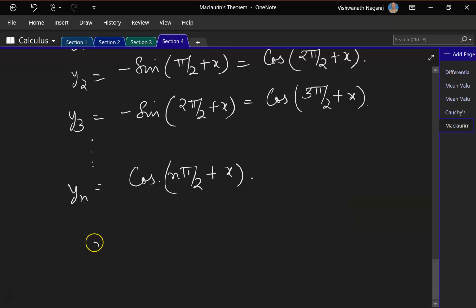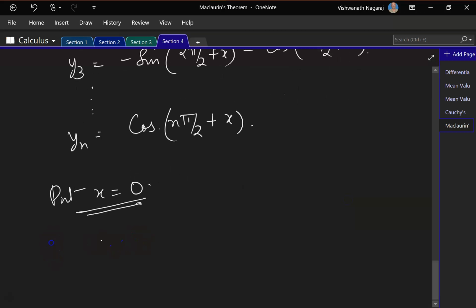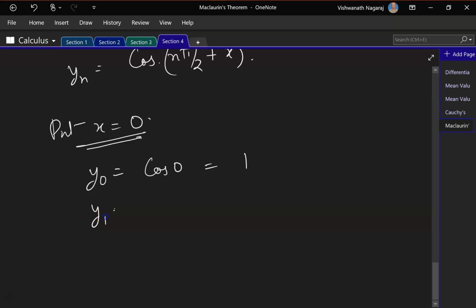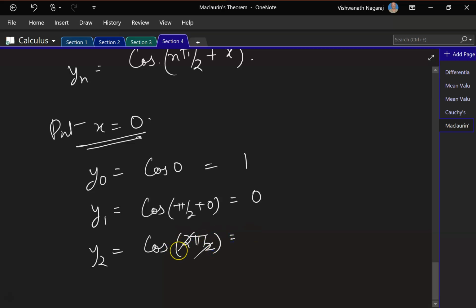Now let's put x is equal to 0. So at x equal to 0, y naught is cos 0, which is equal to 1. y1 will be cos (pi by 2 plus 0), which is cos pi by 2. Cos pi by 2 is 0. y2 is equal to cos (2 pi by 2), which is cos pi.